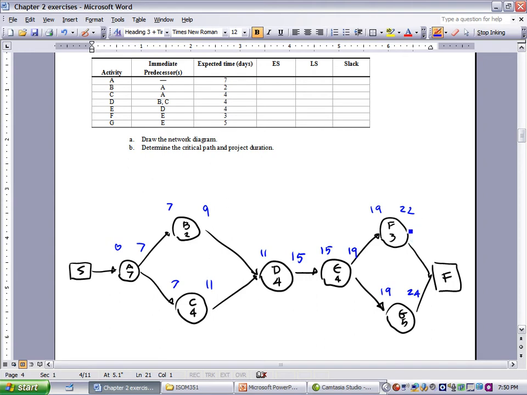So if you have many activities that go to finish like that, we will pick one activity to go backward. The activity that has the largest number will be the time that we use to go backward. In this case, we have 22 and 24. We're going to use 24 to go backward.